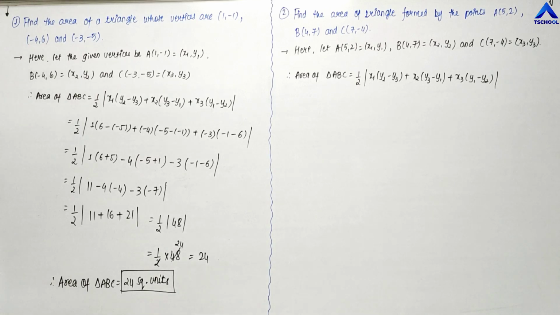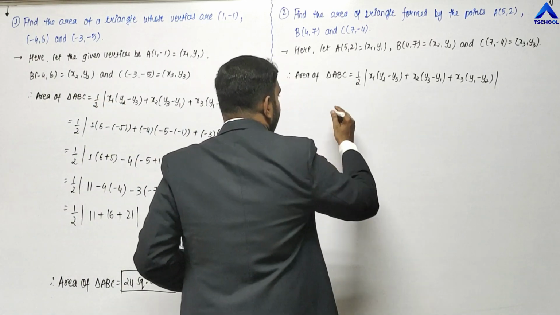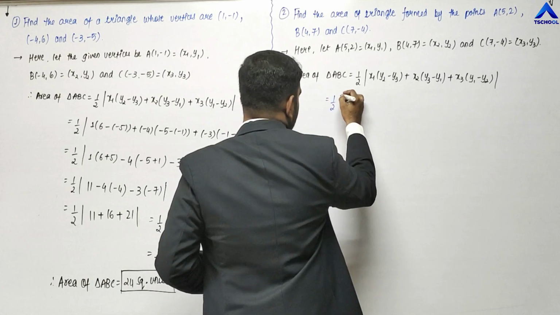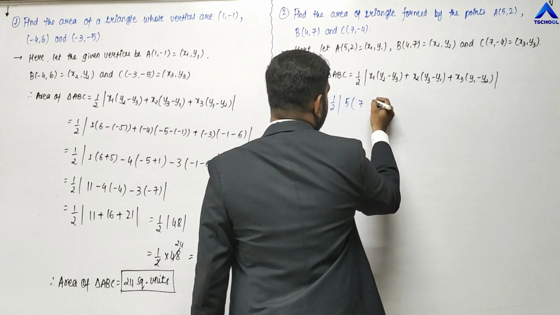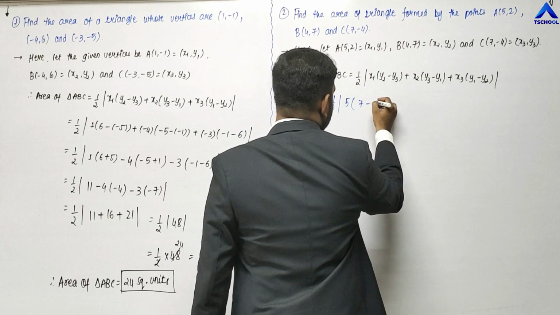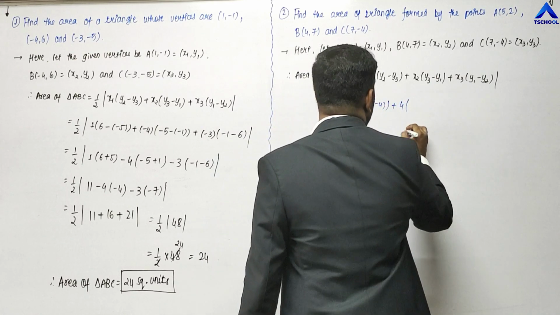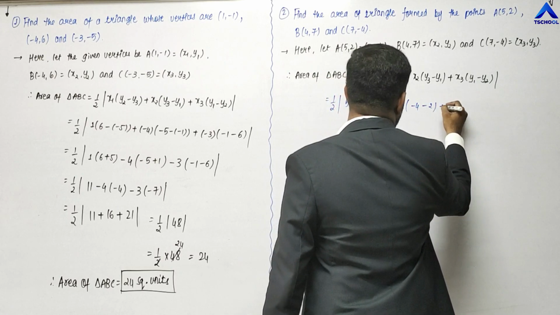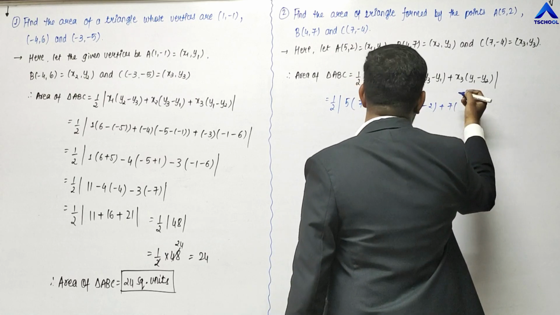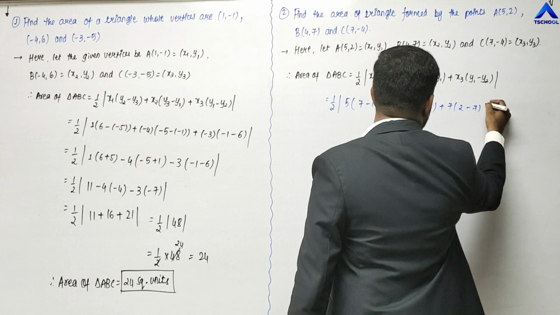Now using this formula and putting the values that we have as x1 y1, x2 y2 and x3 y3, what we get is half modulus 5 into y2, that is 7 minus 4, plus x2, that is 4 into y3 minus y1, that is minus 4 minus 2, plus x3, that is 7 into y1 minus y2, 2 minus 7.